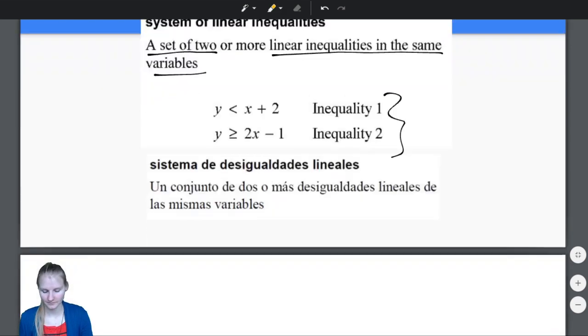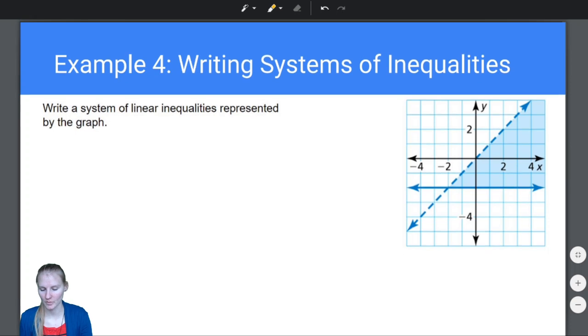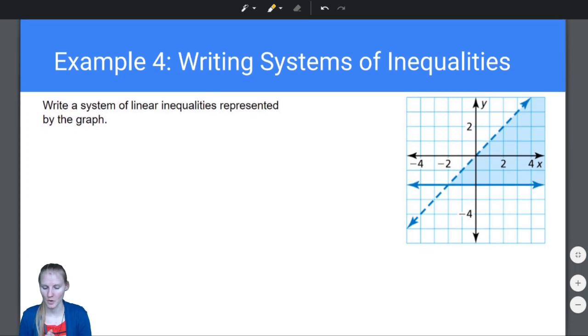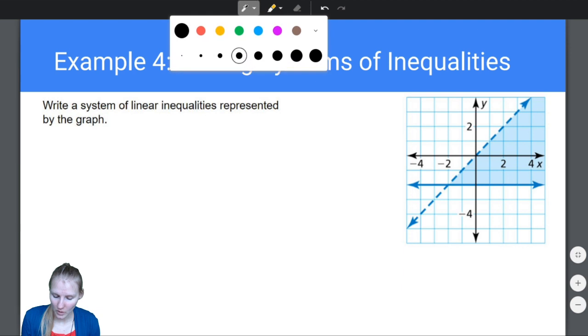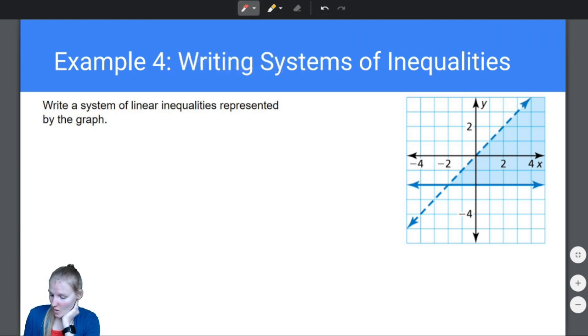Yep. Now, we're going to jump right in to example 4. Write a system of linear inequalities represented by the graph. So, here's what we know. We know I have two lines, so let's make one of them red so that I can call this the red inequality and I can call this the blue inequality.